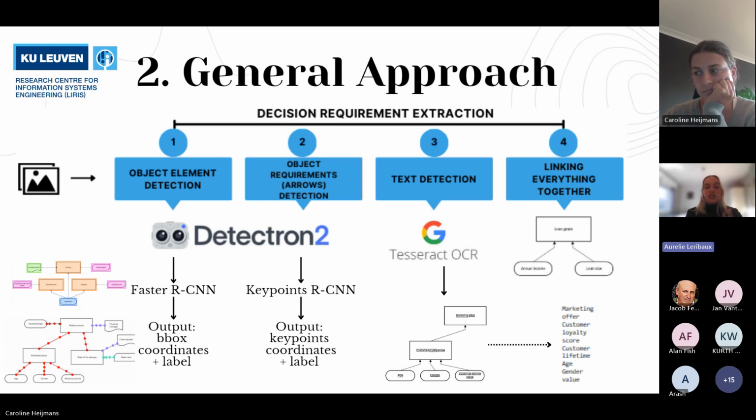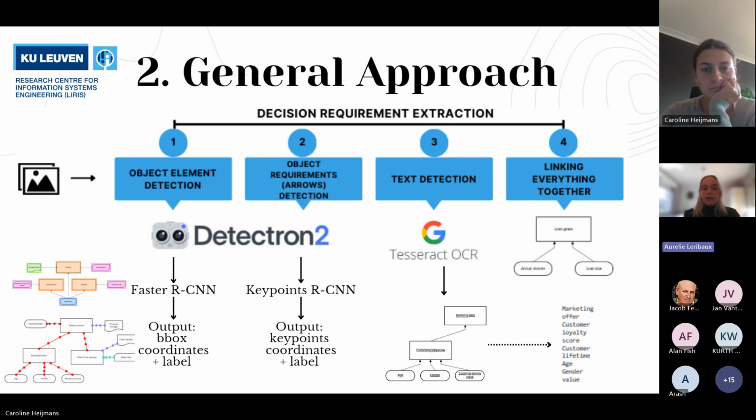So let's say a chair or whatever you want to detect in an image, and we used it to detect arrows or squares, circles, etc. To be more specific, these are neural networks, and we used Faster R-CNN and Keypoint R-CNN to detect the decisions, inputs, and then the arrows respectively.